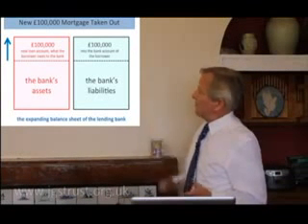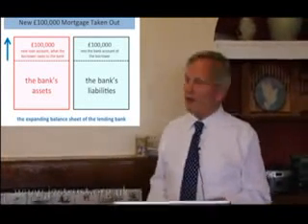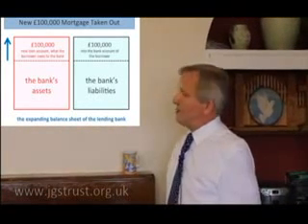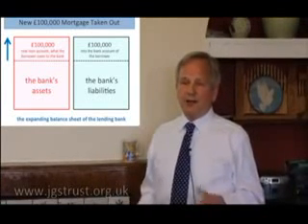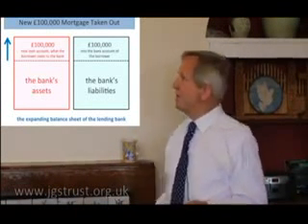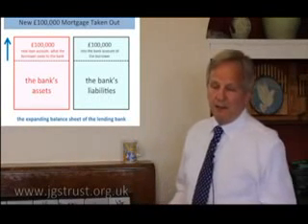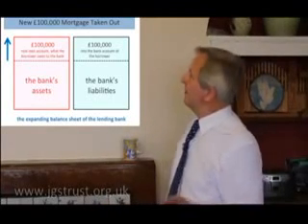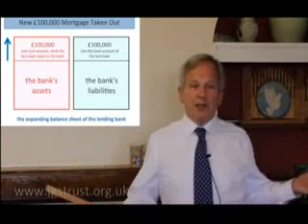So what's happened here is somebody in the bank has approved the loan and has just typed in £100,000 onto the asset side of the bank's balance sheet, however that's represented in the computers, and has typed in £100,000 into the current account of whoever's going to receive the money. No stuff has moved, two numbers have changed.